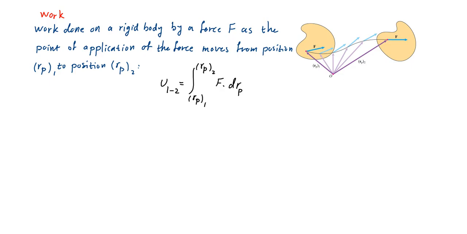The equivalent of this, when we are dealing with rotational motion, since couples are associated with rotational motions and cause them, is that force will be replaced by couple, and dr, the change in position vector from point 1 to point 2, is now going to be d theta, the change in rotation.